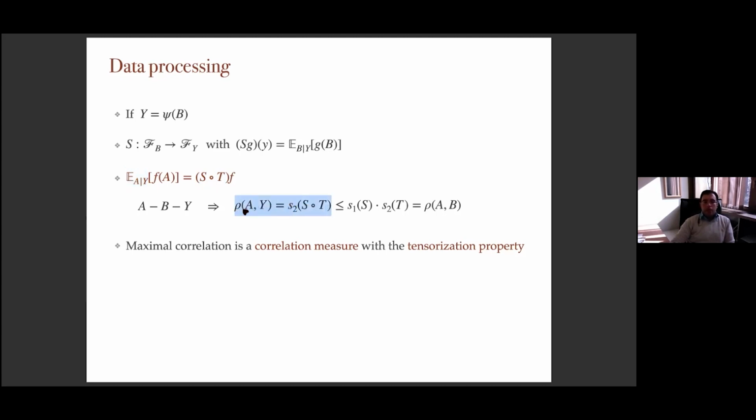The operator associated with the joint distribution AY is the composition of S and T.